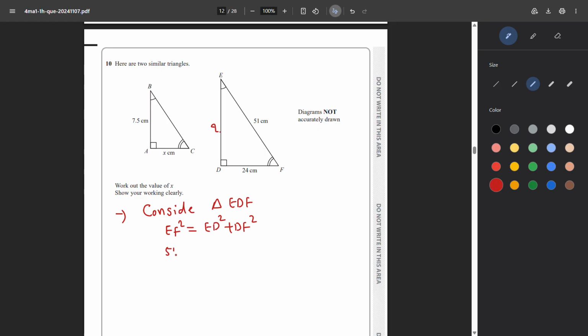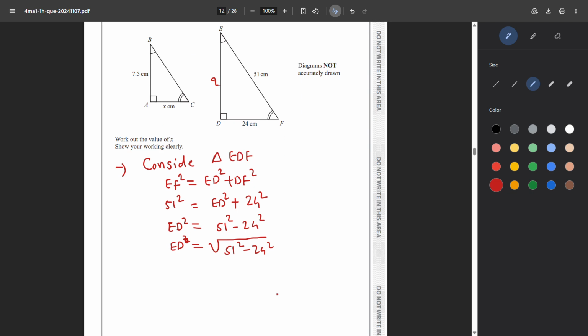So EF square means 51 square is equal to ED square plus DF square, which is 24 square. Simply, I'm moving this 24 square to the right hand side, so we'll get ED square equal to 51 square minus 24 square. Take the square root, so ED is equal to the square root of 51 square minus 24 square.